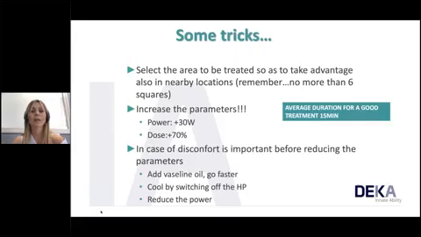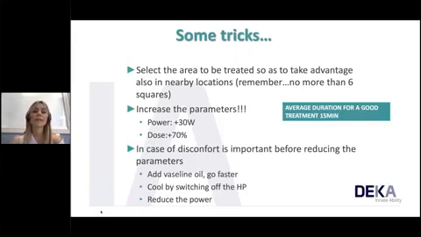First, select the area to be treated so as to take advantage also of nearby locations, because remember, we can treat no more than 6 squares because we don't have to stress too much our lymphatic system. Second, what is important is to increase the parameters.